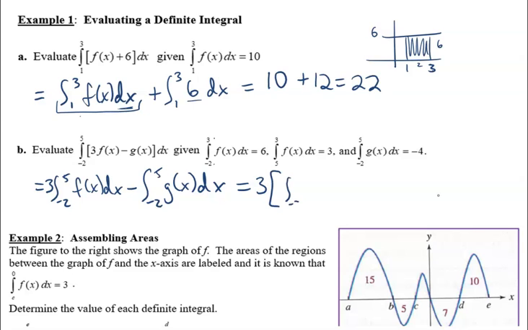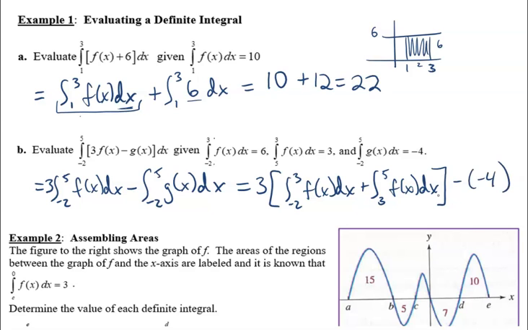So integral from -2 to 3 of f of x dx plus the integral from 3 to 5 of f of x dx, okay? And then I still have, and then this right here, let's go ahead and plug its value in. We're given that that is -4, okay?